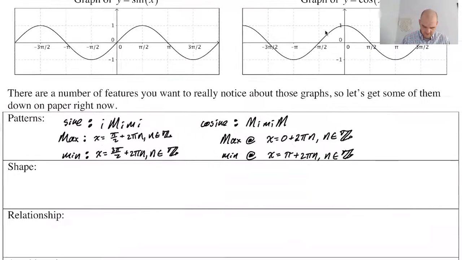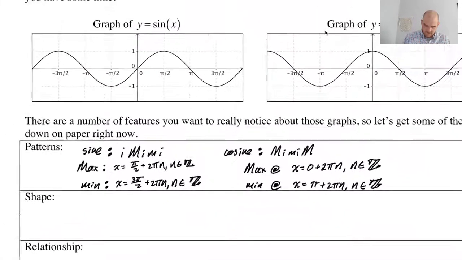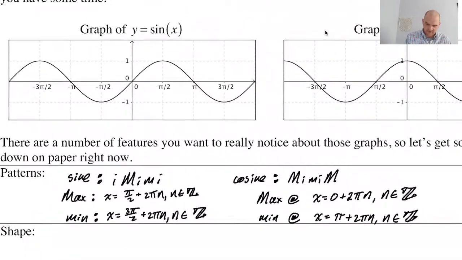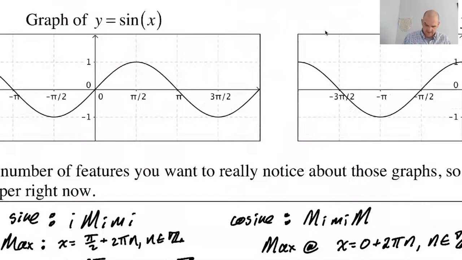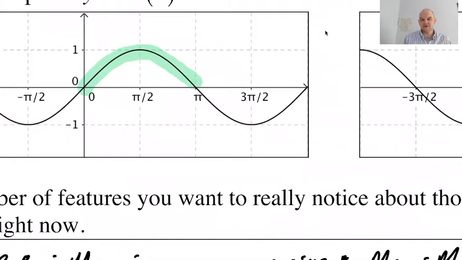So the next thing we want to talk about is the shape of the curve. I'm going to talk about something called concave up and concave down. So here, I'm just going to highlight. Initially, on this part of the curve, if I were to put a line on the curve, it's called a tangent line.